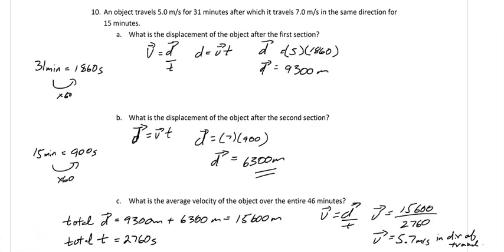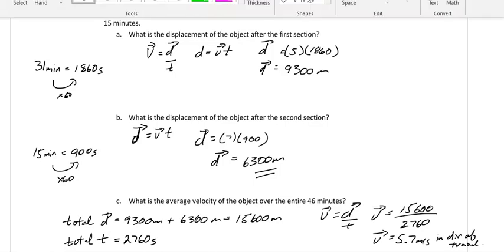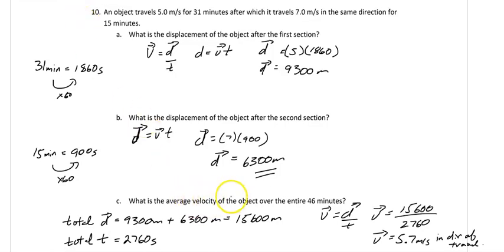Okay, so answer for 10A is 9,300 meters. We're taking the velocity and multiplying it by time for that first section. The second section, the displacement is 6,300 meters, 7 times 900. And the velocity, average velocity over the entire 46 minutes is 5.7 meters per second.